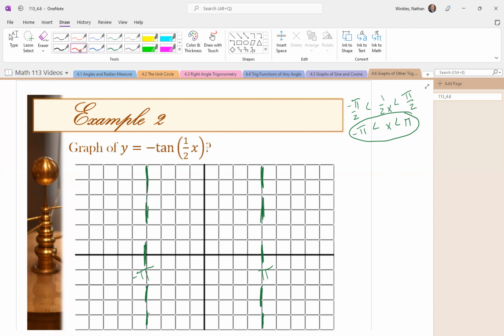Once we found our asymptotes, we need to identify an x-intercept halfway between the consecutive ones.